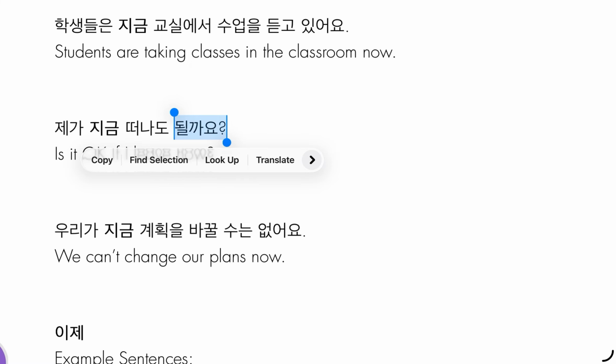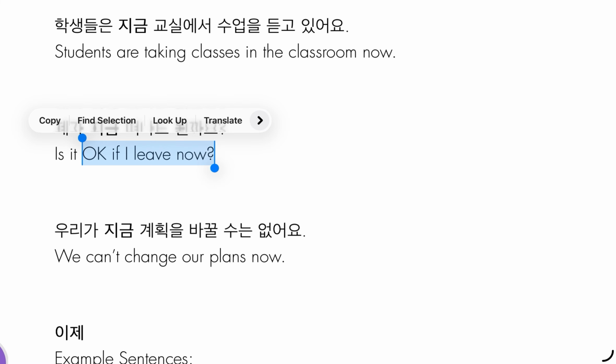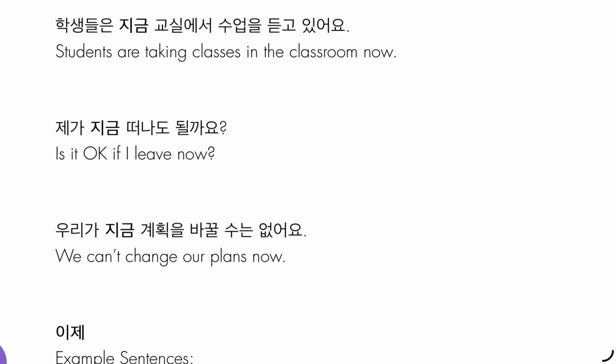It doesn't add something to the translation, but it adds to the feeling, like, I really need your opinion on it. 떠나다, to leave. Altogether, may I leave? Is it okay if I leave? Can I leave? Asking for permission. And now, at this moment in time, right where we're standing, 지금 떠나도 될까요?